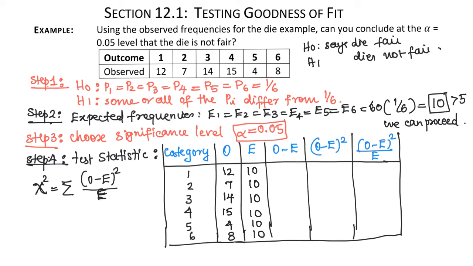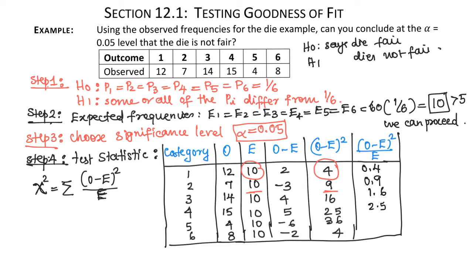Then take the difference between them. That is 12 minus 10, which is 2, then negative 3, 4, 5, negative 6 and negative 2. Then square those values: 4, 9, 16, 25, 36 and 4, and divide each one by E. That gives 0.4, 0.9, 1.6, 2.5, 3.6, 0.4.